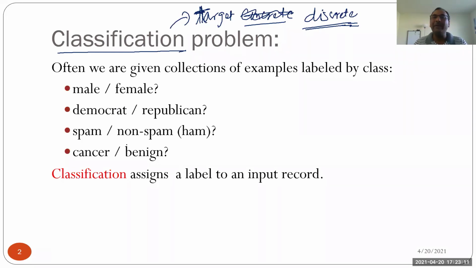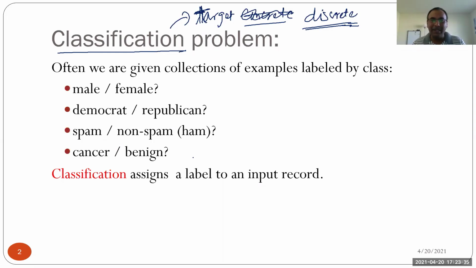In a similar way, you are given emails, and you need to identify whether an email is spam or non-spam. Given cancer data, you need to identify whether the data belongs to a person who is suffering from cancer or a person who is healthy.